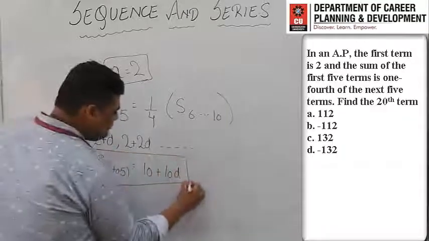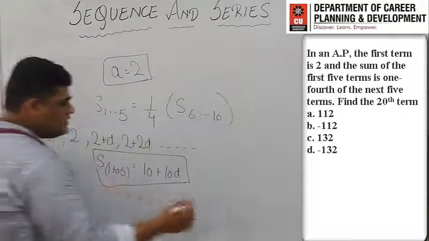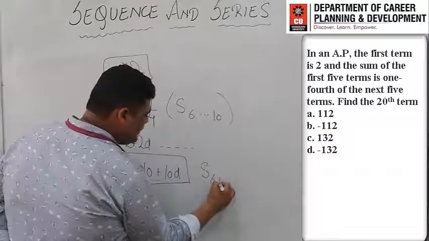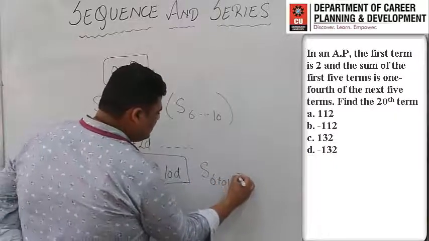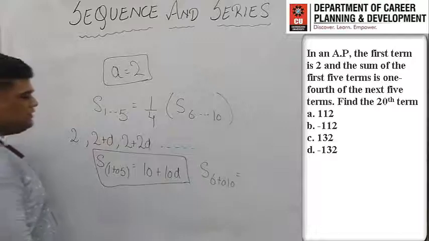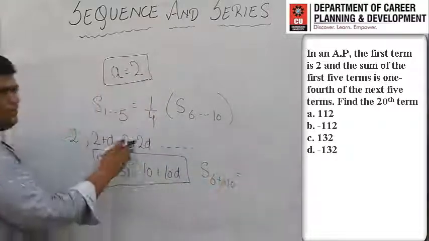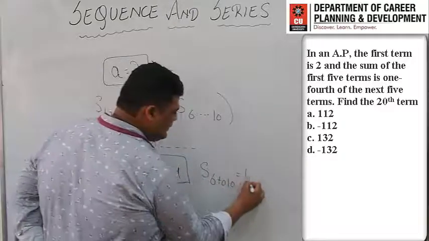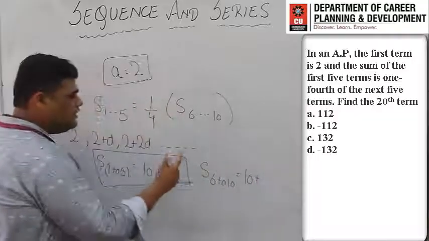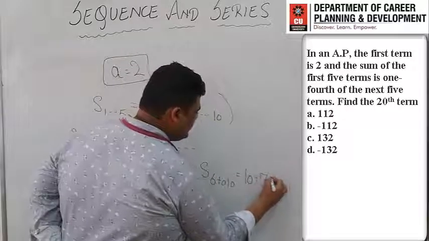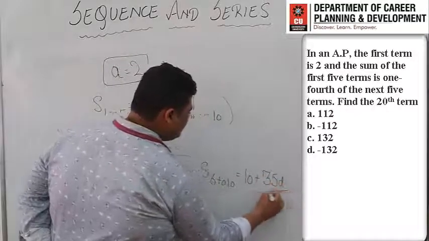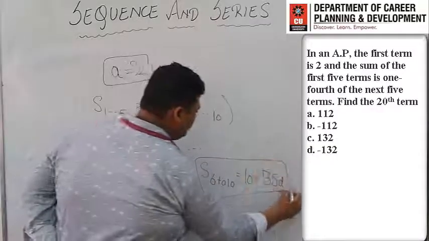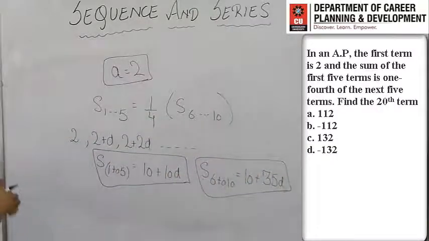This will be the sum of the first 5 terms. Then the sum of terms from 6 to 10: again 2 will be added 5 times, so it will be 10, plus if you add the values of d, it will come out to be 35d. Now let us equate both these values.